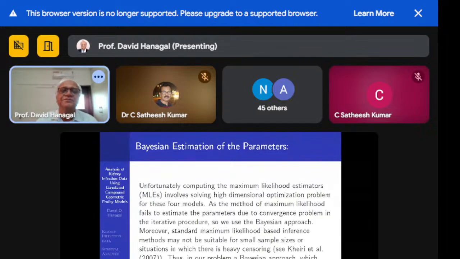These are the formulas. We are using the Bayesian approach. There is some problem with the classical approach, the MLEs. One can also have MLEs, but there is the problem of the iterative procedure, the Newton-Raphson procedure. Therefore, we go for the Bayesian approach.